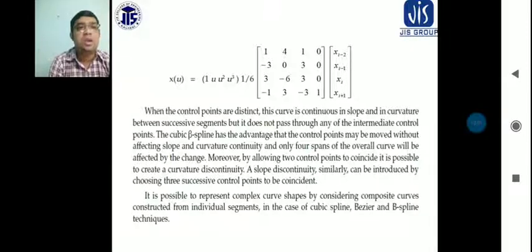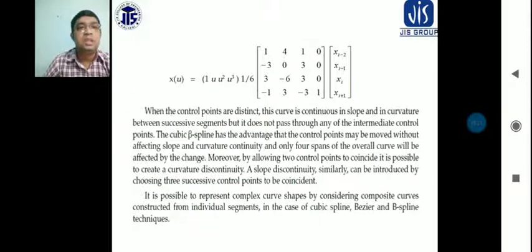This curve is continuous in slope and in curvature between successive segments, but it does not pass through any of the intermediate control points.